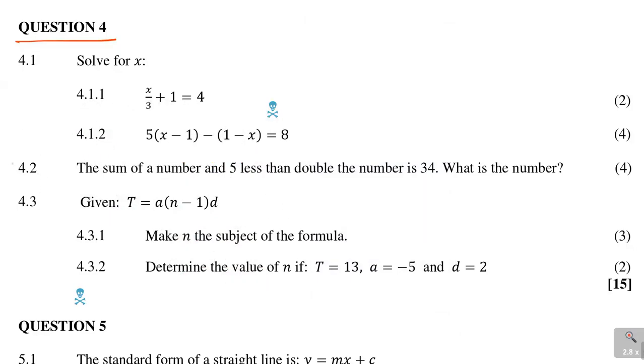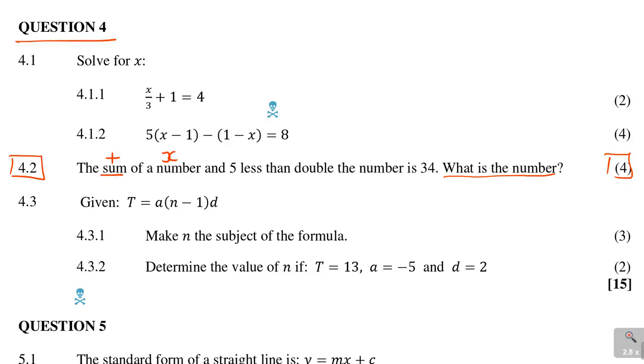Now let us look at 4.2. 4.2 is 4 marks. It's a word problem. It says the sum of a number and 5 less than double the number is 34. What is the number? I know the statement is confusing, but you need to come up with a mathematical equation. The sum means plus, of a number, let that number be x. We don't know that number.